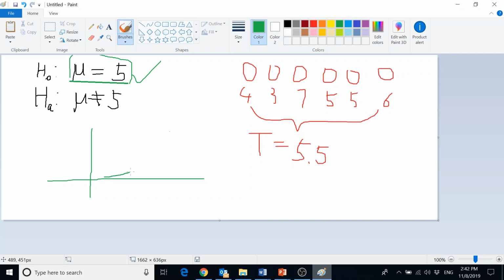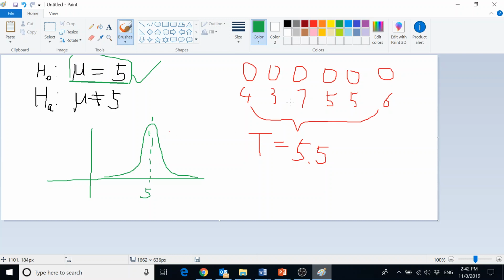It's something like this, probably centered about 5, and then it spreads out. In fact, if the number of your samples increases, this gets narrower and narrower. But that's not the point here.